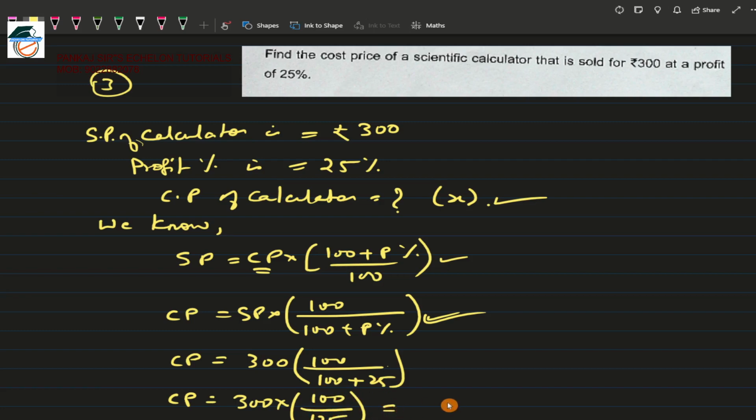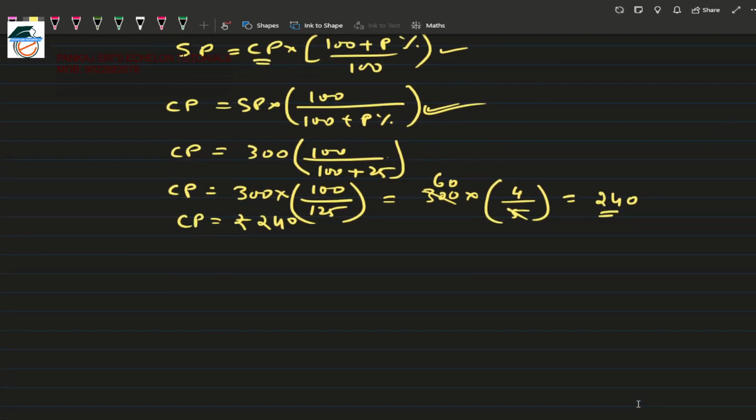Now 25 into 4 is 100 and 25 into 5 is 125, so it will be 4 upon 5. 5 into 6 is 30, so 60 into 4 is nothing but 240. So I'm getting cost price is equal to rupees 240. The answer.